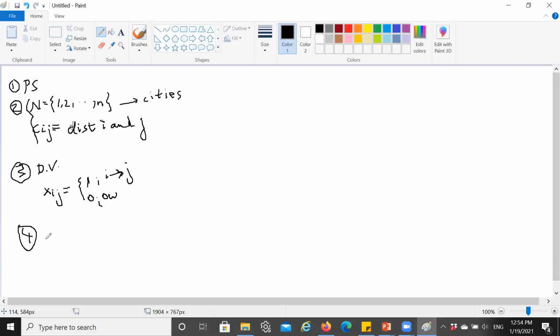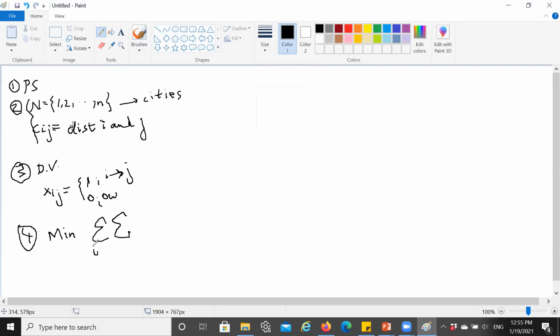So the objective function would be, we want to minimize. There would be two summations. Okay, we have two summations.